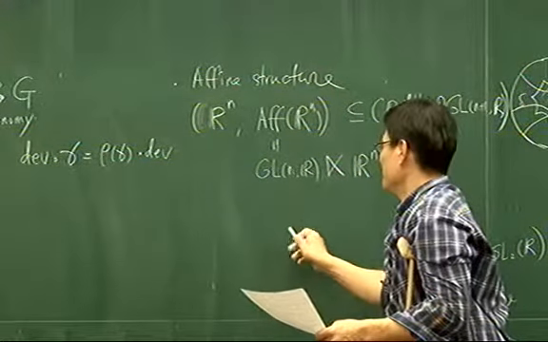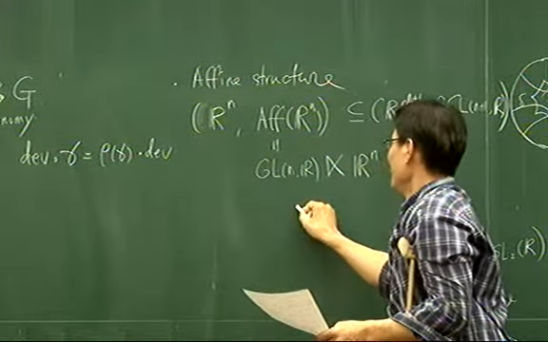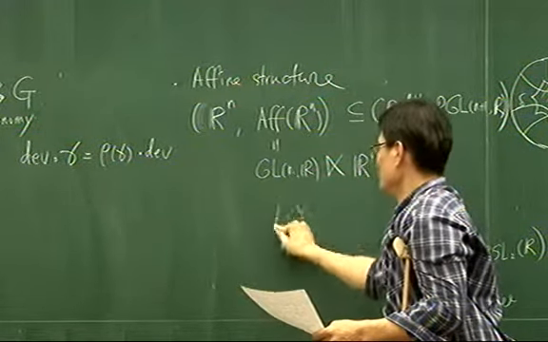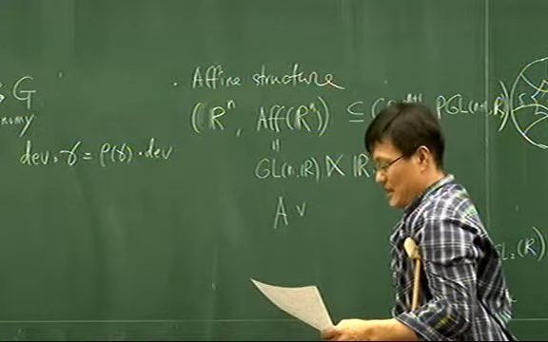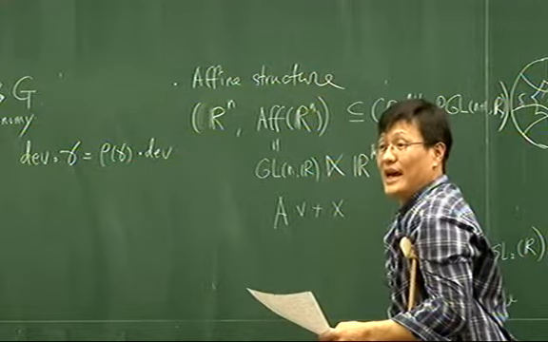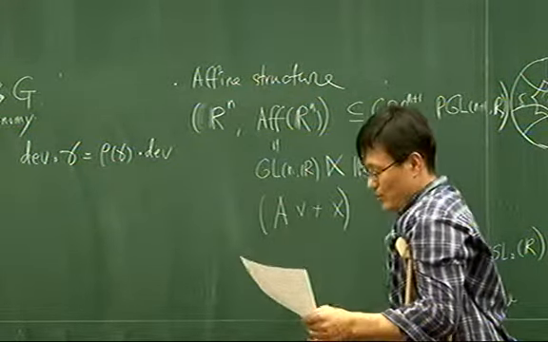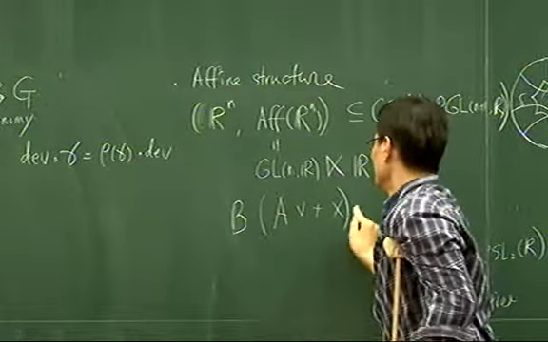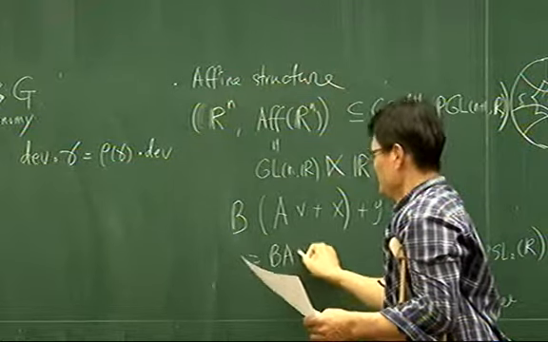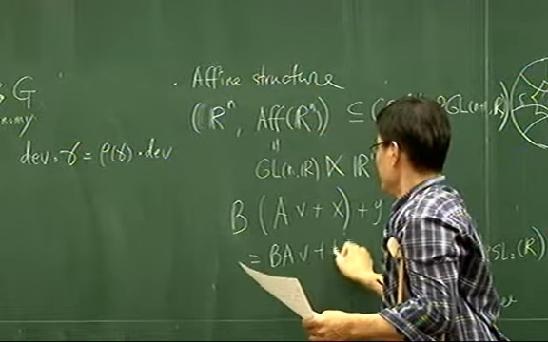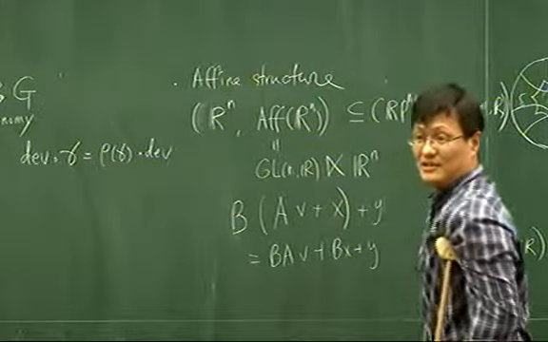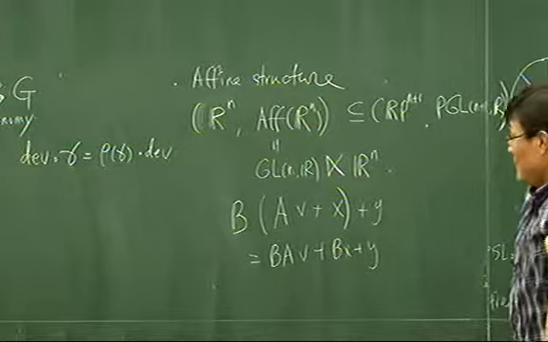Say there's a vector v in R^n. You multiply by a matrix A and then translate by x, and do it again with another matrix B and translation y. This gives BAv plus Bx plus y. This is the composition in affine geometry.